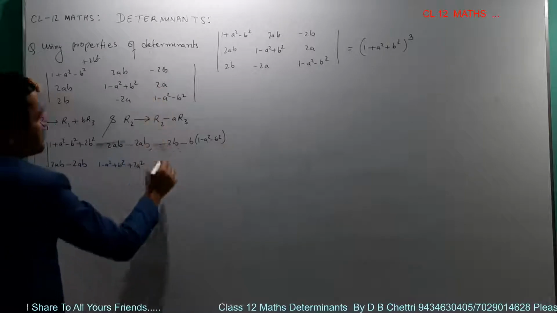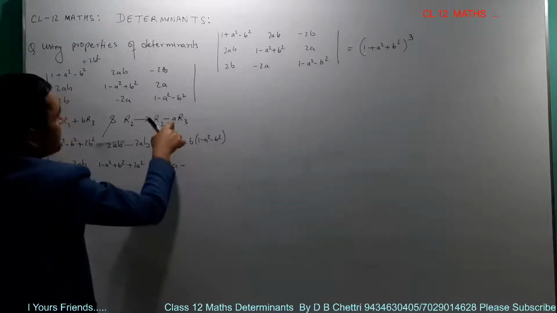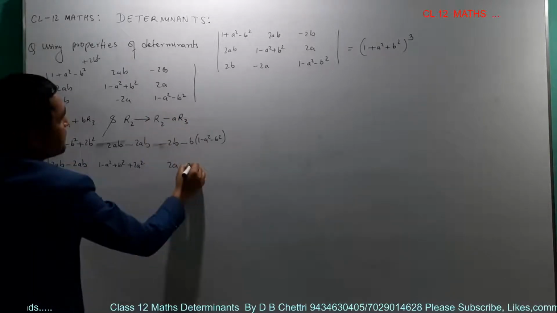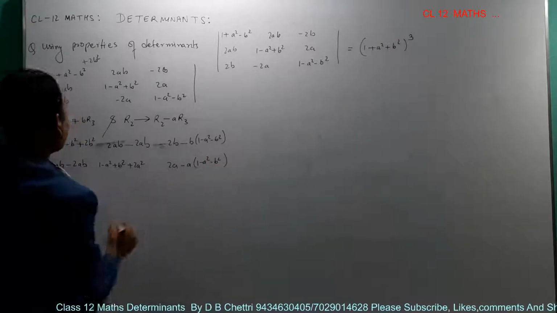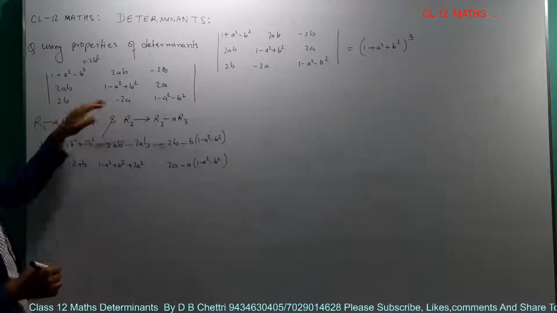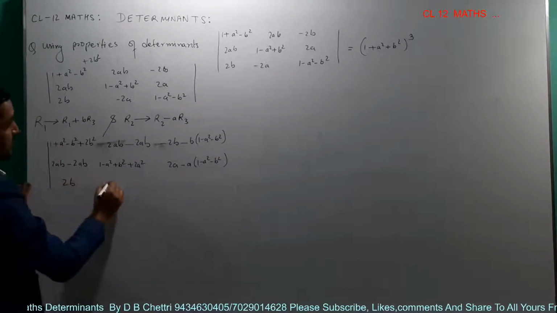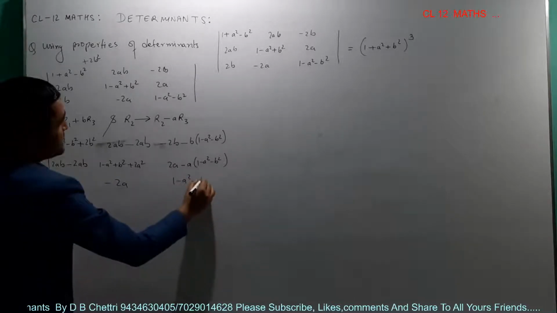Then 2A minus A multiplied by this one. Okay, A multiplied by R3, that means A multiplied by 1 minus A square minus B square. Now there is no operation in R3, just copy it. Copy the same: 2B, minus 2A, 1 minus A square minus B square.